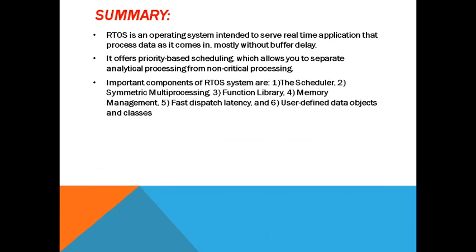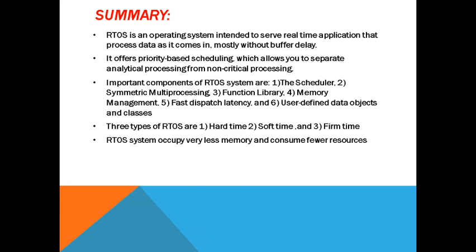Third, important components of an RTOS system are the scheduler, symmetric multiprocessing, function library, memory management, fast dispatch latency, and user-defined data objects and classes. Three types of RTOS are hard, soft, and firm.